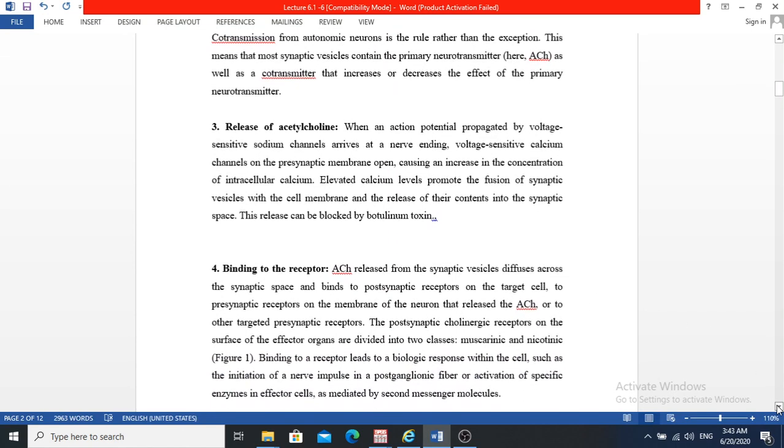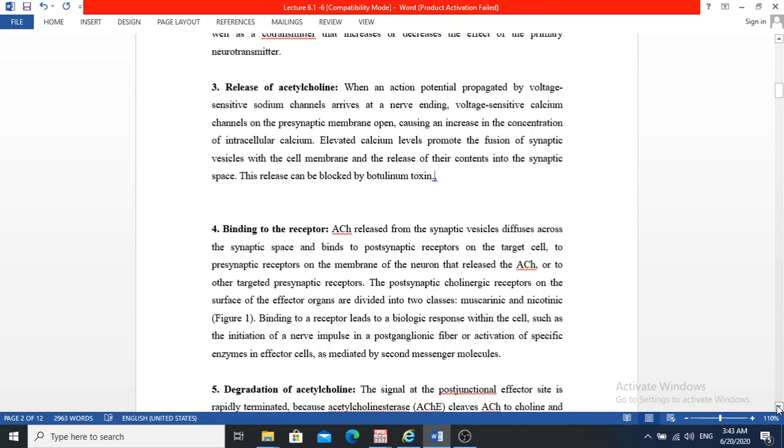Number 2, presynaptic receptors on the membrane of the neuron that releases the acetylcholine, or to other target presynaptic receptors. The postsynaptic cholinergic receptors on the surface of the effector organ are divided into two classes, muscarinic and nicotinic, as in figure 1.